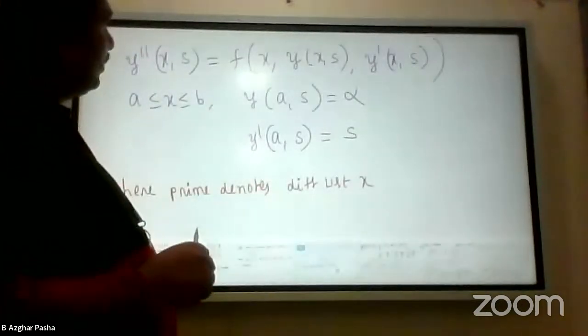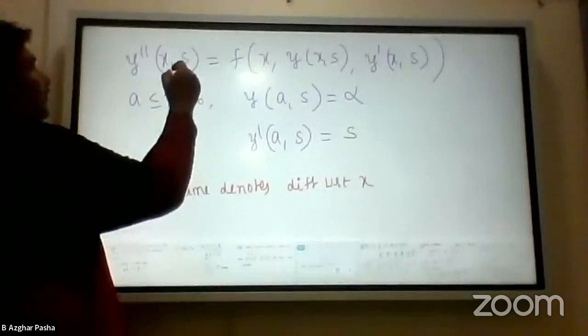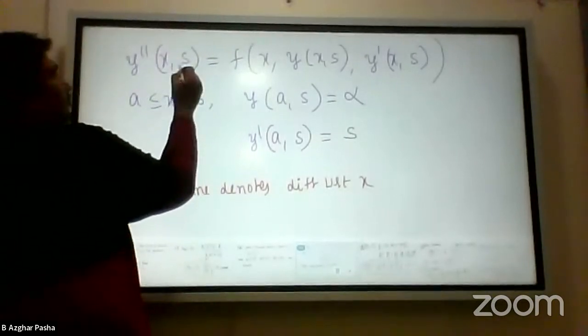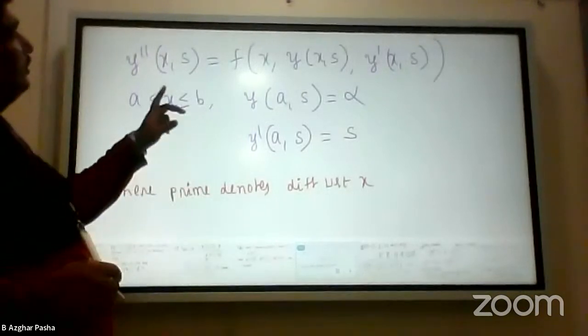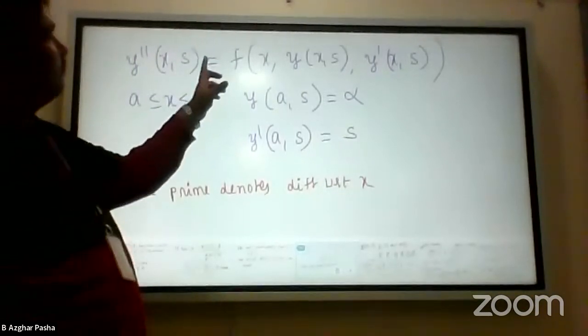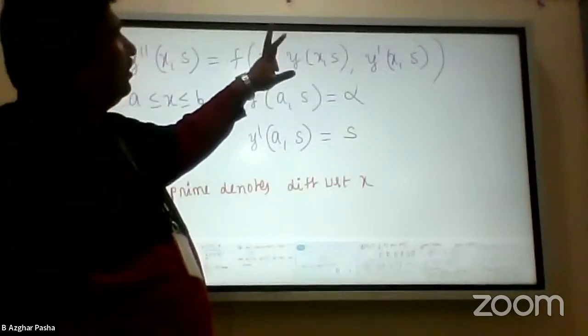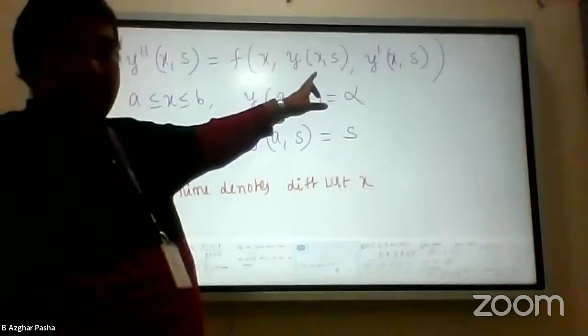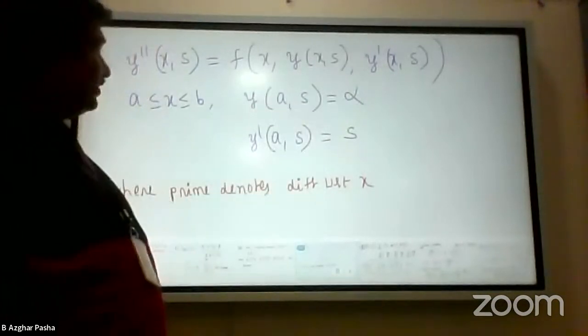So the given equation, which was only in terms of x, now becomes y double dash of x comma s. Earlier it was f of x comma y dash. When y was dependent on x, now it becomes x comma s. Y dash is also x comma s.